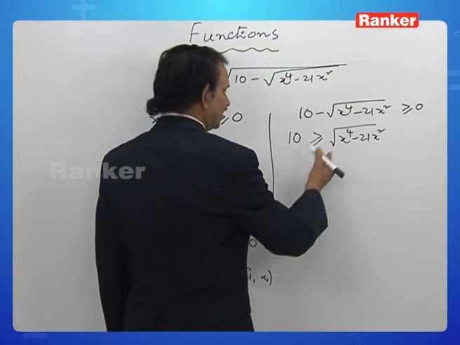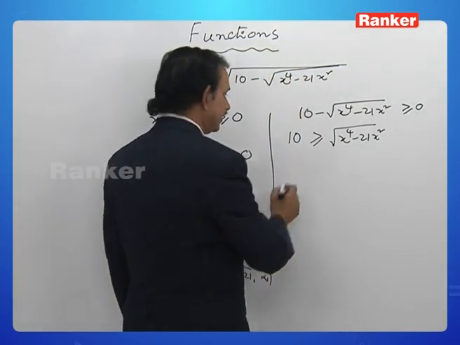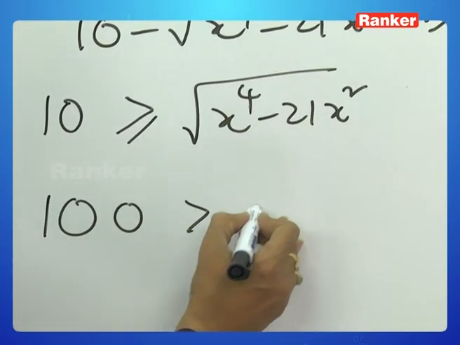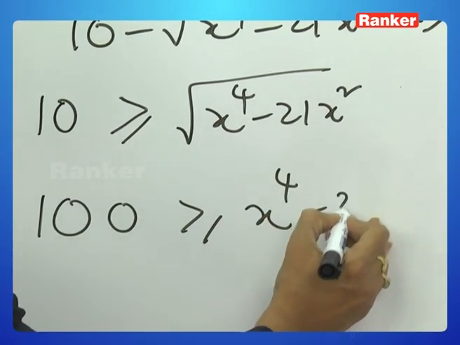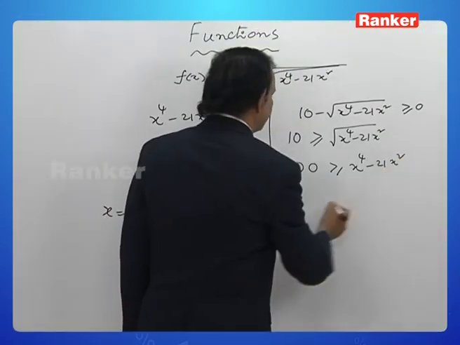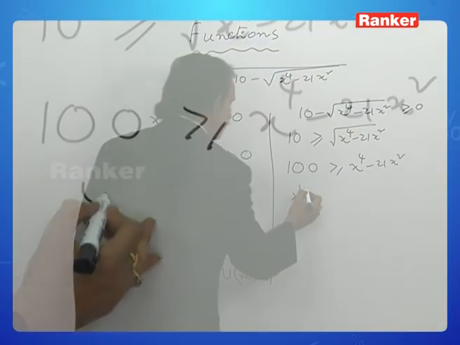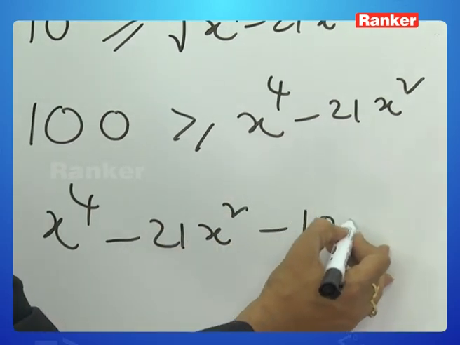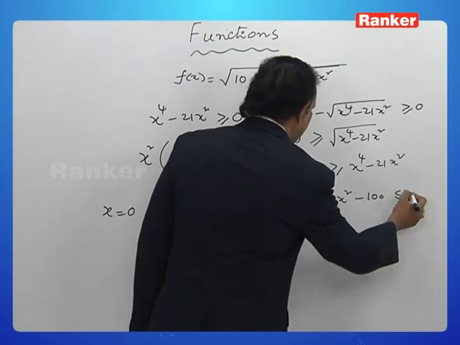This is positive, that is positive. Let us square it. Nothing is troublesome. 100 is greater than or equal to x power 4 minus 21 x square. Implies x power 4 minus 21 x square minus 100 less than or equal to 0. Am I right?